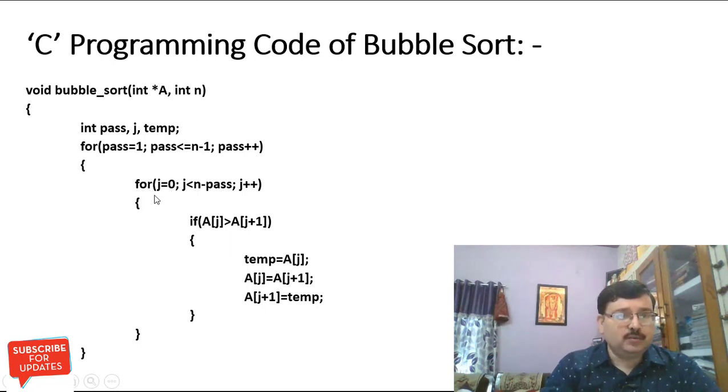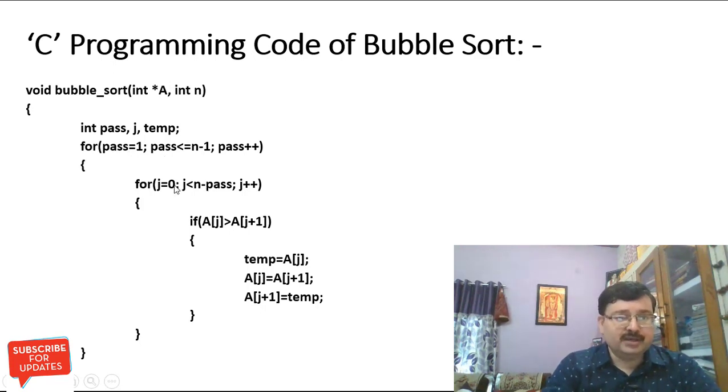For the second loop, it will compare from 0 to j less than n minus pass. The first time, 5 elements were there. The second time, 4 elements were there. In every iteration, the size of the array is reducing, so it is decreasing. So we are just subtracting the value of pass.